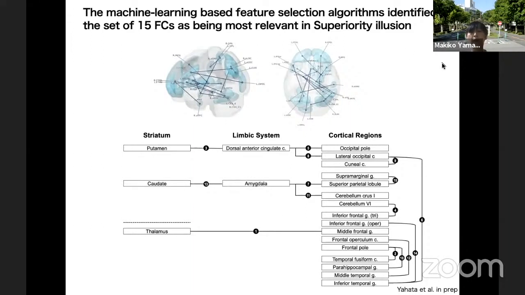And we found that machine learning based feature selection algorithms identified a set of 15 functional connectivities as being most relevant in superiority illusion. One of the functional connectivities, as shown here, between putamen and dorsal anterior cingulate, is the one we previously reported in the PNAS paper. But there are other regions, and cortical regions are involved.